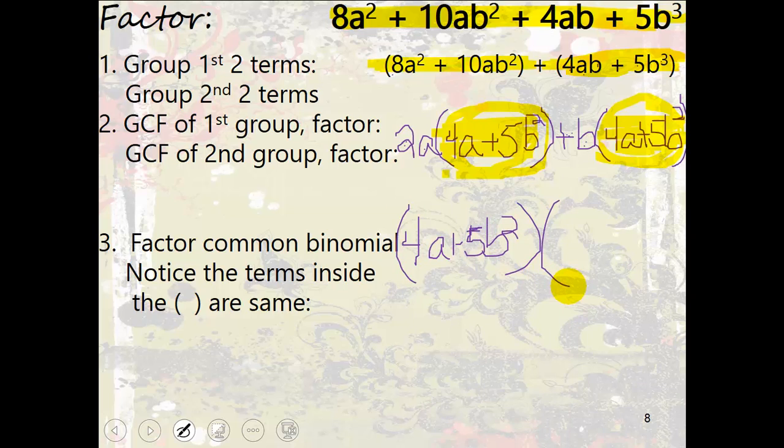Then I have to do my division. What's 2a times 4a plus 5b squared, all divided by 4a plus 5b squared? You're left with 2a. And then what's b times 4a plus 5b squared, all divided by 4a plus 5b squared?